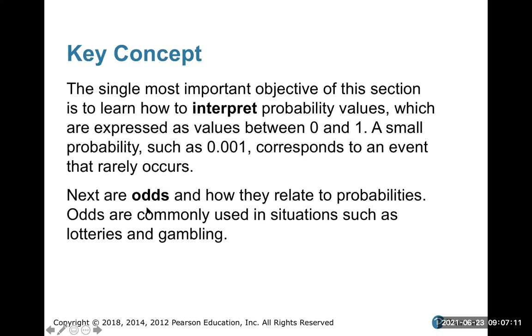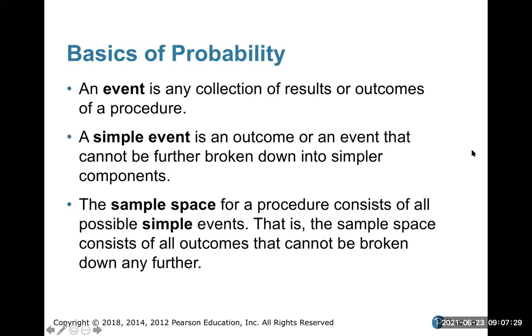Next are odds and how they are related to probabilities. Odds are commonly used in situations such as lottery and gambling. So we're going to mainly talk about the interpretation of probability. I'm going to briefly go over this PowerPoint and then the vocabularies that you need for probability.